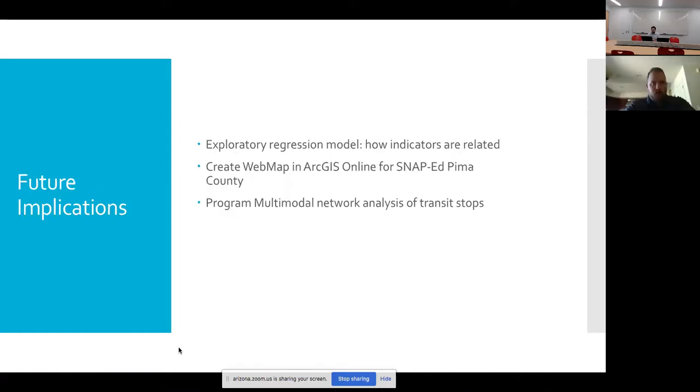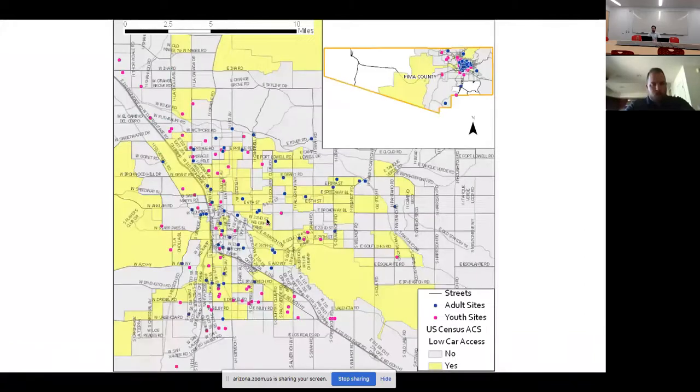So future implications, as I said, the exploratory regression model to explore relationships in a more statistical manner. Would like to create a web map in ArcGIS Online for the program to use. So putting these maps onto a web map, and also doing a multimodal network analysis with transit stops.